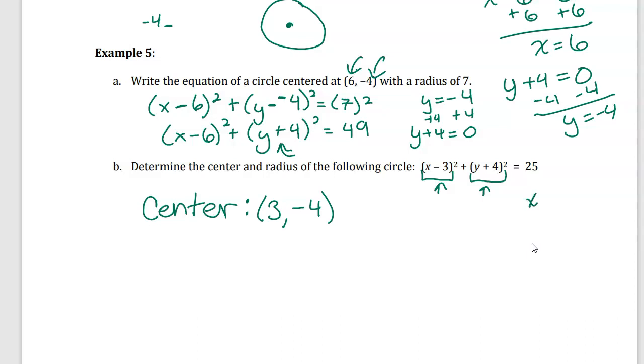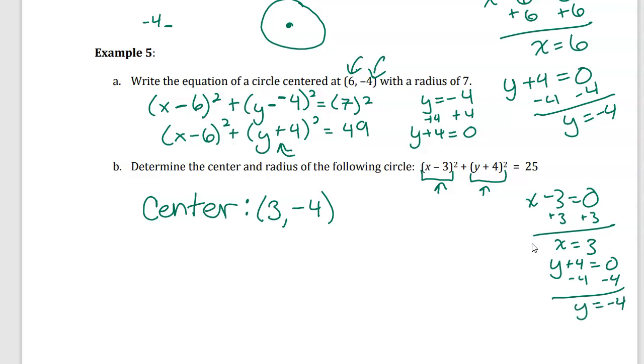Or you can say x minus 3 equals 0, add 3 to both sides. So x is equal to 3. Y plus 4 is equal to 0. Subtract 4. Y is equal to a negative 4. I get the exact same thing. Either way, whichever one helps you.